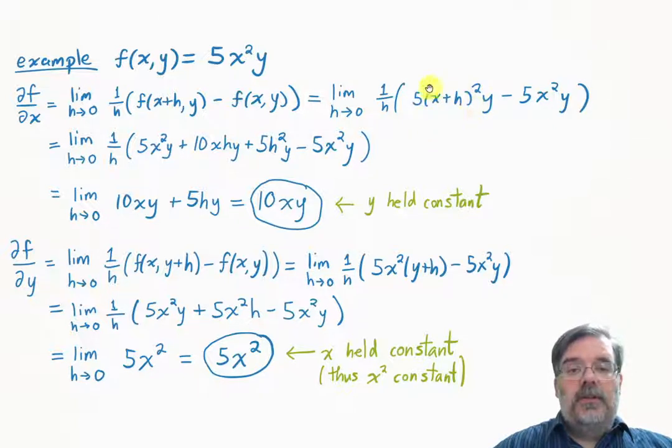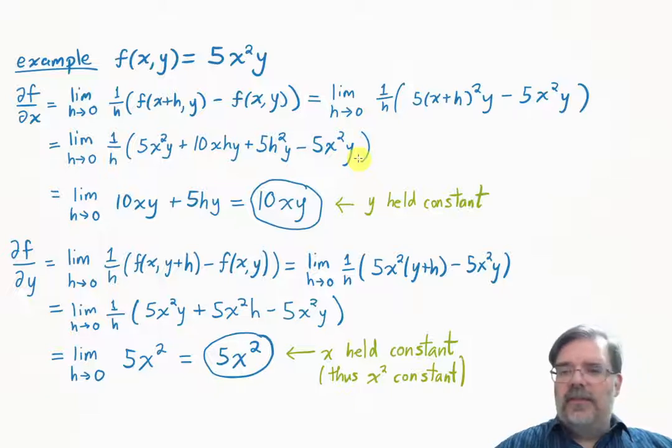And if you were to expand this out and then distribute through the 5 and the y, in this first term, you'd get this expression. The limit as h approaches 0 of 1 over h times the quantity 5x squared y plus 10xhy plus 5h squared y minus 5x squared y.